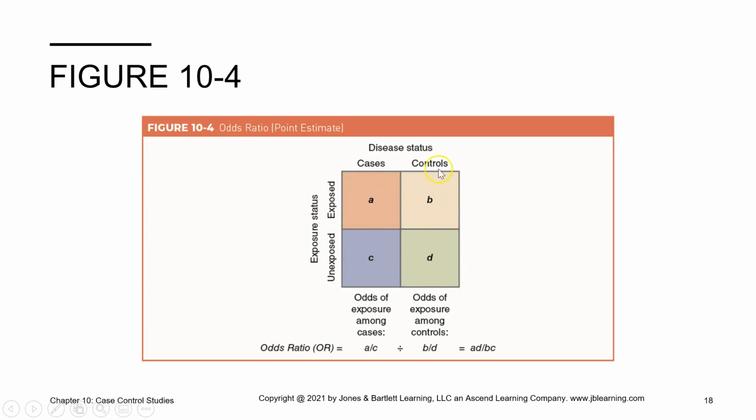B represents controls who were exposed. C represents cases who were not exposed. And D represents controls who were unexposed. And so the odds ratio is A over C divided by B over D. Then algebraically, you can get to A times D over B times C.